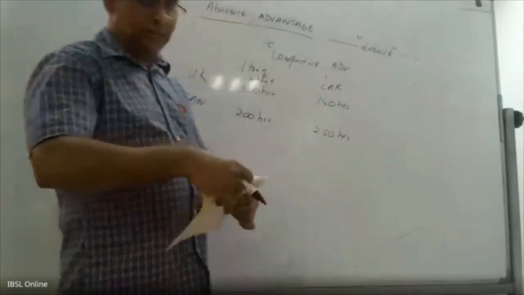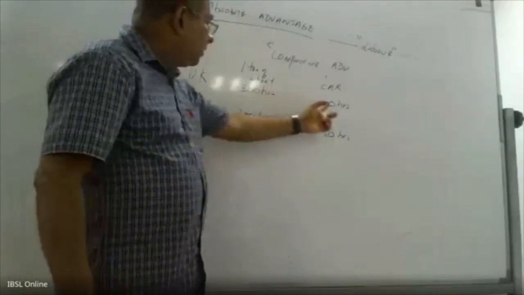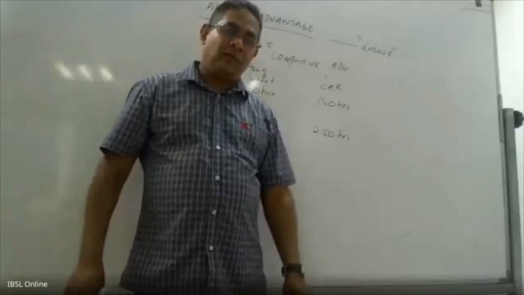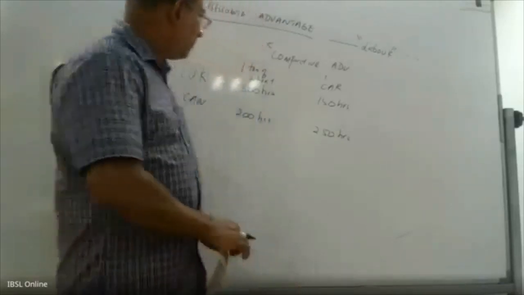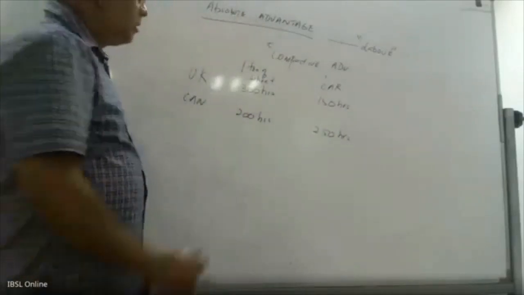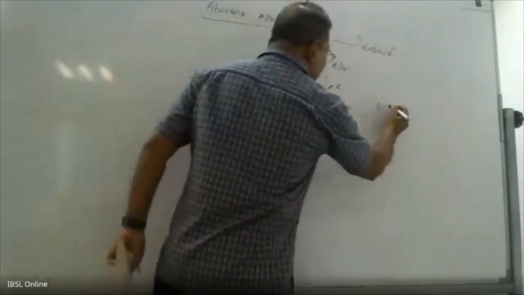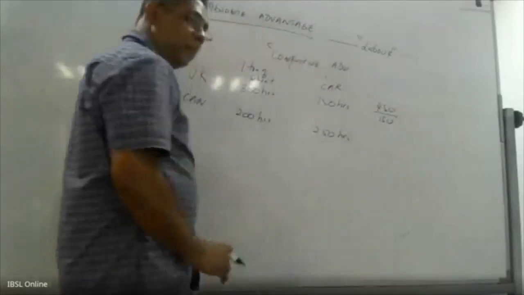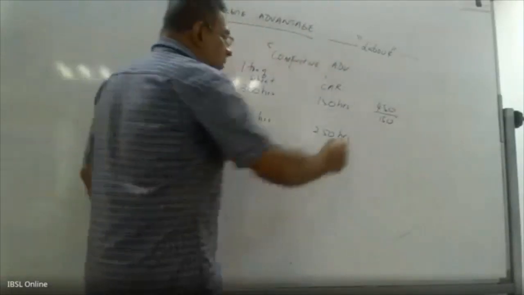That means they have 450 hours now, all in all. 450 hours means they can make 3 cars.